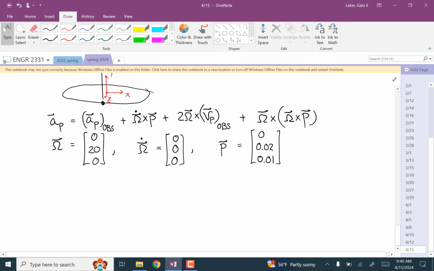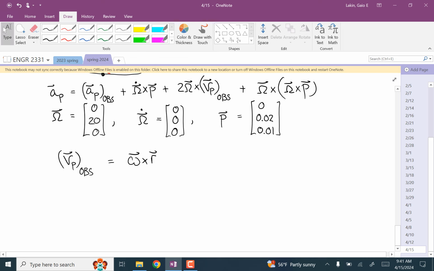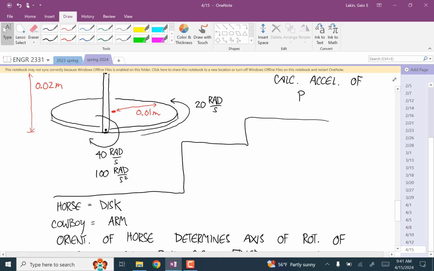Now we have to calculate the relative stuff. So the velocity of P, the observed stuff. The velocity of P that's observed is lowercase omega, this refers to the cowboy, cross R. Now we have to come up with those. Lowercase omega is what?